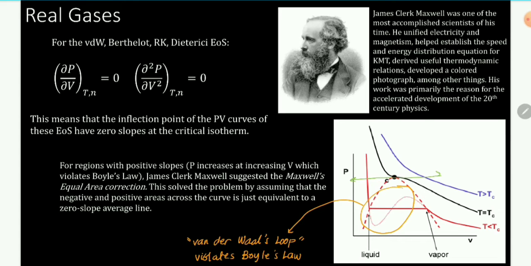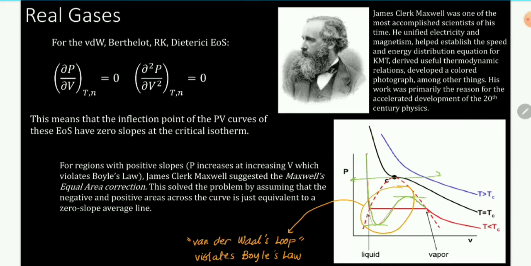Hindi kasi yun nangyayari kapag ka subcritical. For example, this particular line here, this is subcritical. Meron siyang dalawang inflection points. So, kapag dalawa yung nahanap yung inflection points, it's not very indicative of the critical isotherm. Kasi kapag dalawa yung iyong points, your second partial derivative is most likely not zero.